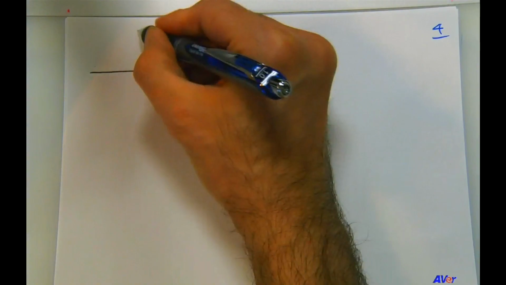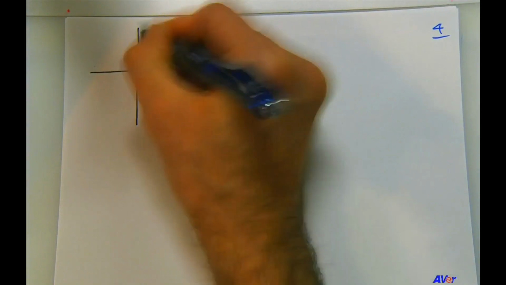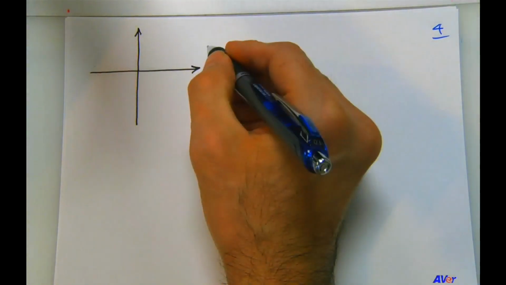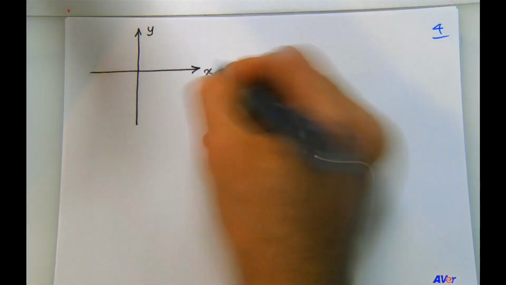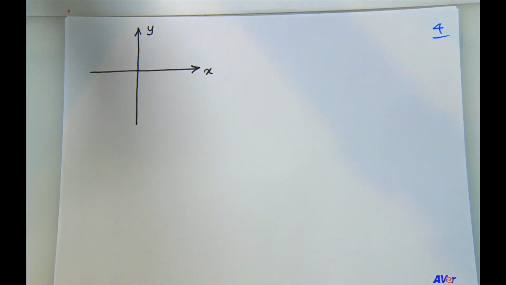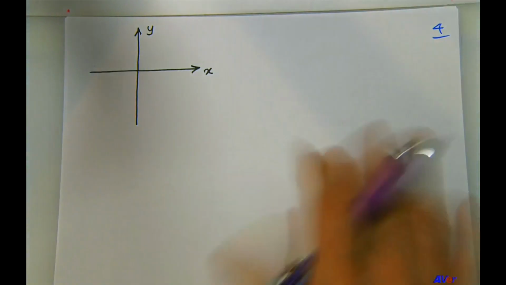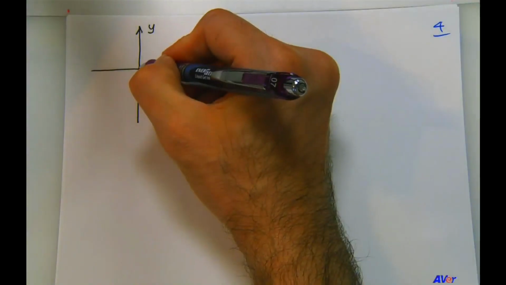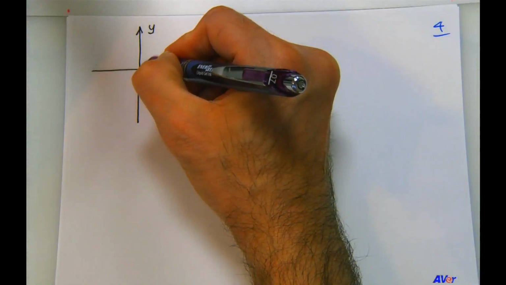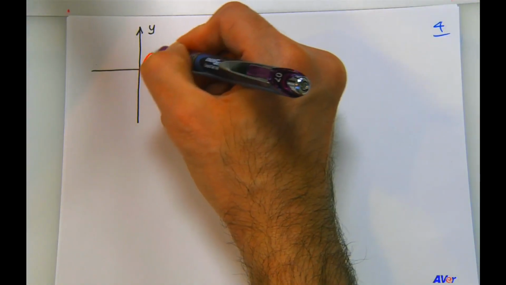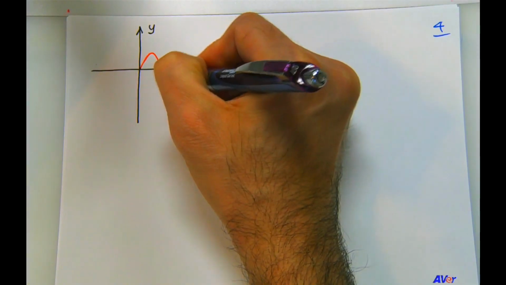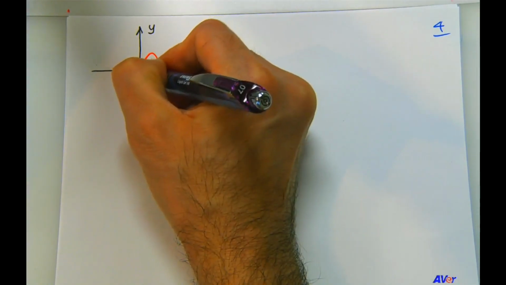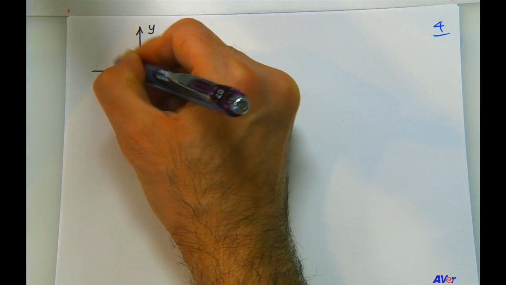So we have y and x, and the sine function, if you recall, it does something like this, and then comes like that, and on this side it does like that.